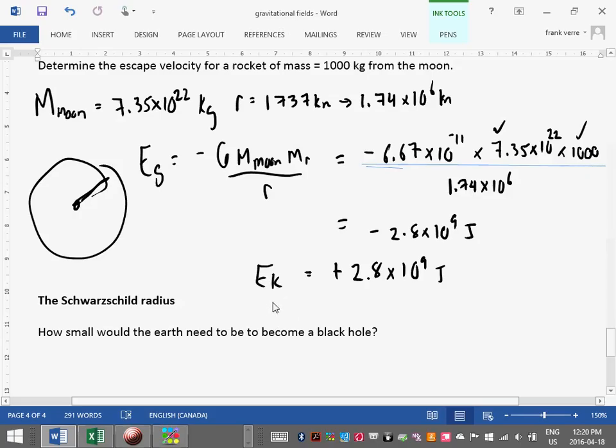So 1/2 mv squared is going to equal 2.8 times 10 to the 9. We could get rid of the half, and we can get rid of the m, and then we can take the square root of this.